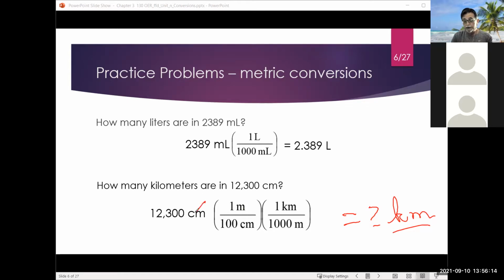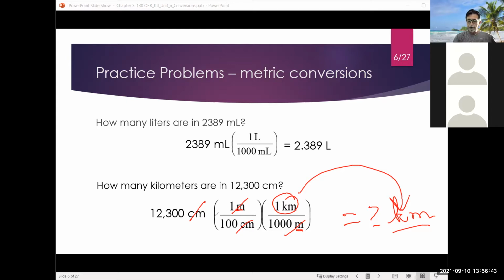That allows me to cancel my centimeters, which leaves me with the meters. Now, I know that 1 kilometer is equal to 1,000 meters. And so now I can set up my final factor, leaving me with units of kilometers, which is where I need to be.